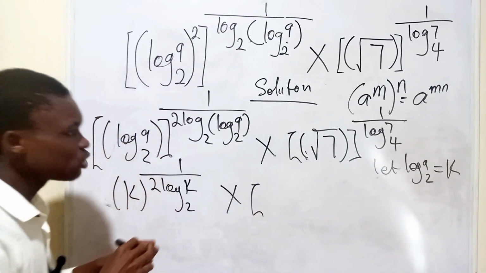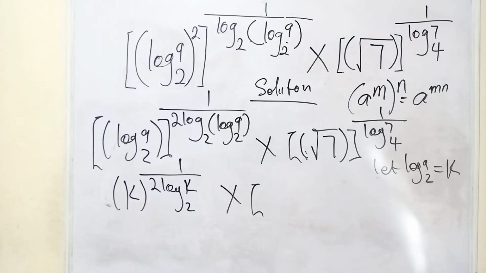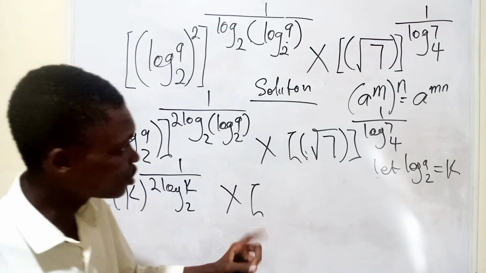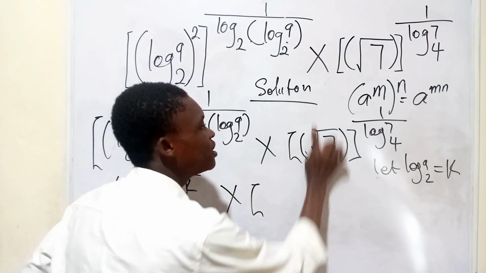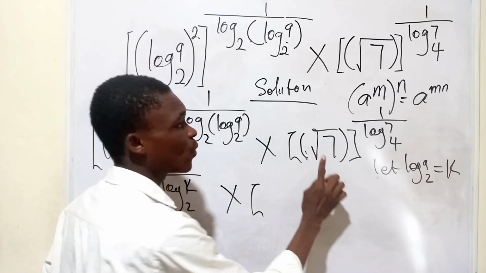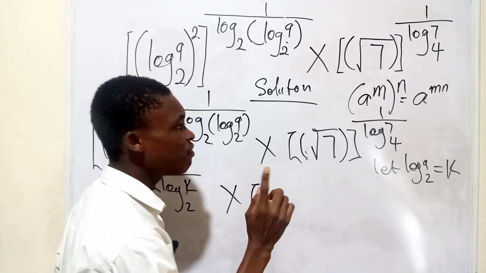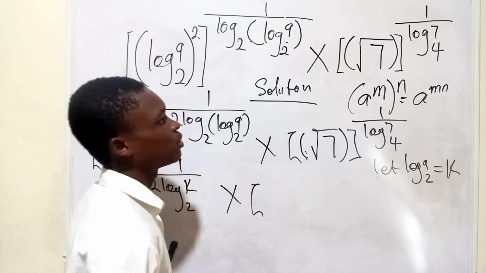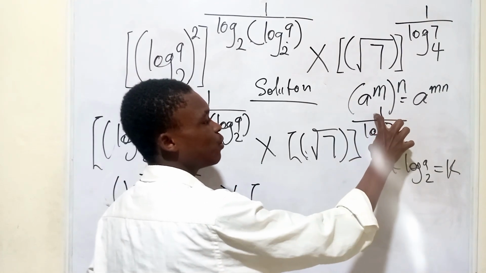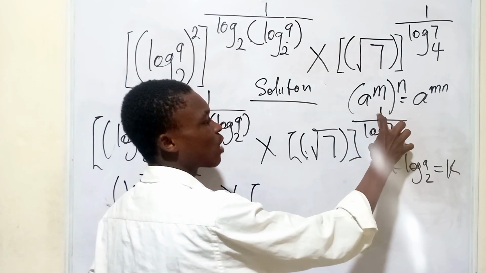Now, clearly, this is what you need to see here. We can remove this square root outside. But before we remove the square root, this is what you need to note. Let's apply the reciprocal rule here.